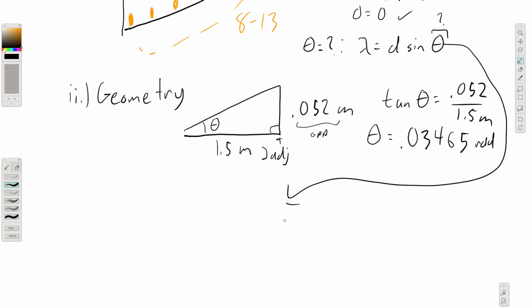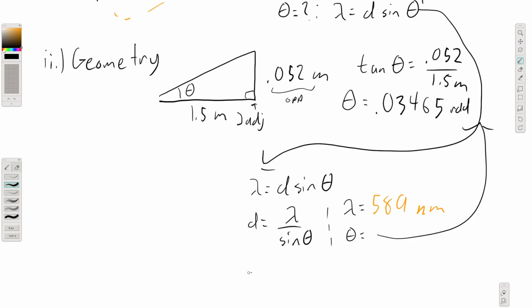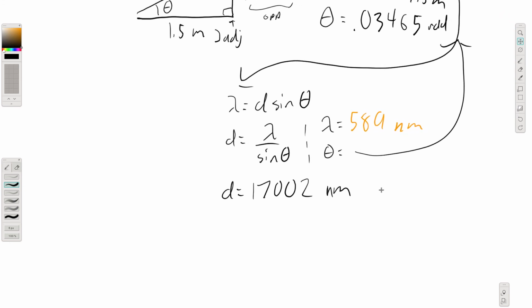Now, back to here, we know what lambda is, what d is not, and what theta is, so we can solve for d. I got your number, dude. We discover that our slit separation is equal to 17,000 nanometers, converting to something a little more reasonable. This is either 17 micrometers, which, what the heck are those?